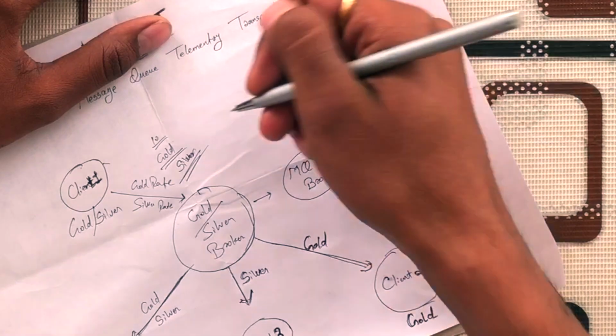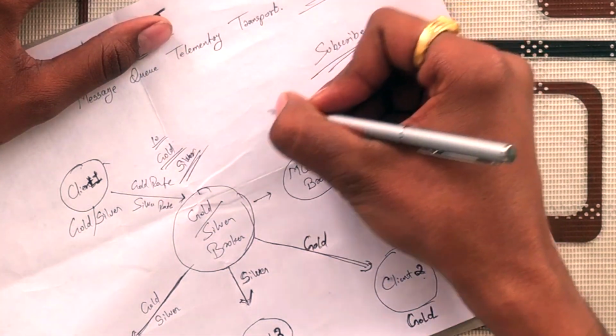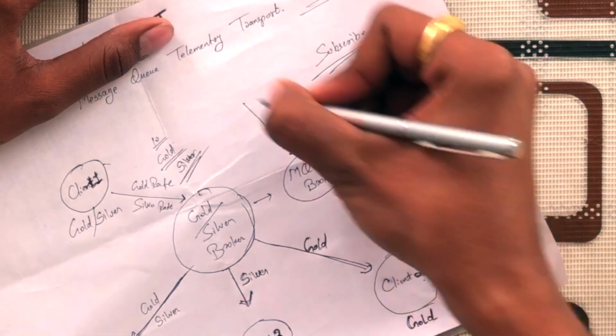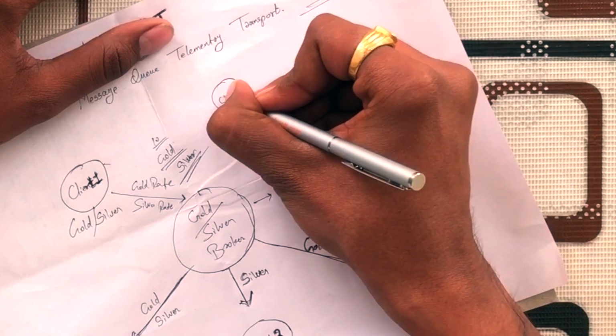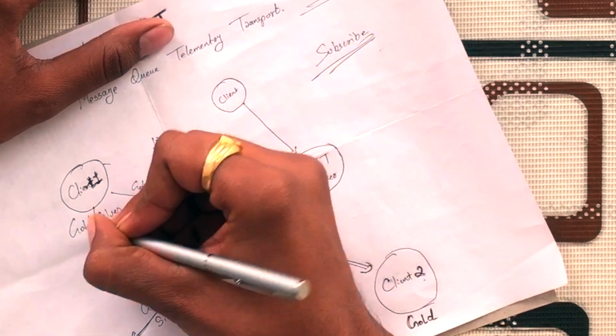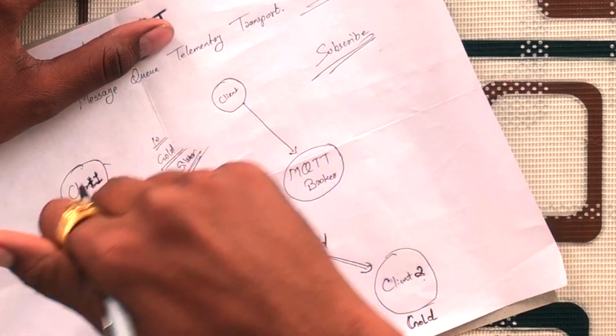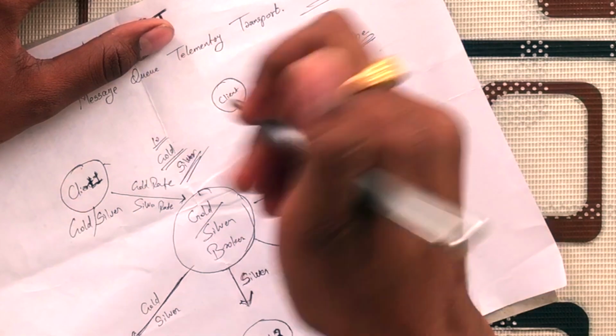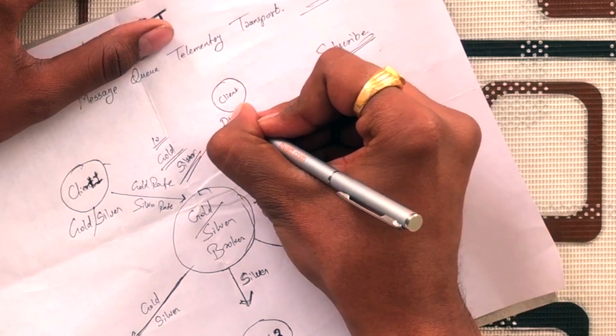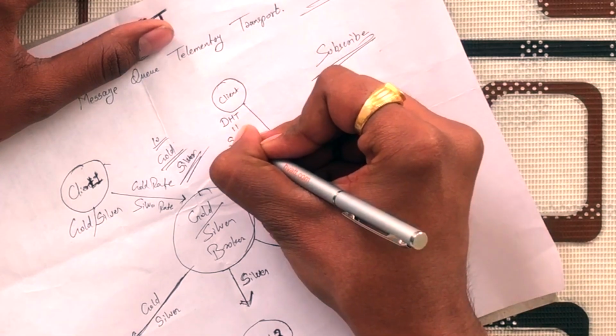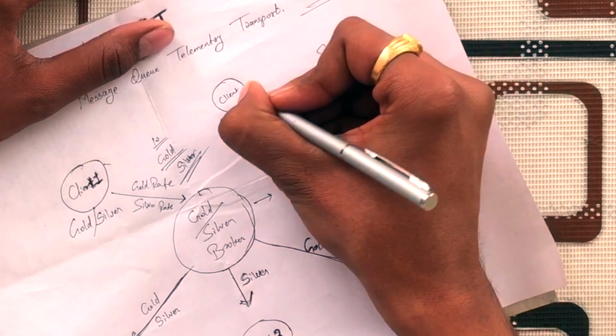Simple. Okay, here is client 1, which was gold and silver earlier. He's just transferring the rates or data of gold and silver. Let's take an example: client 1 is a DHT11 sensor.